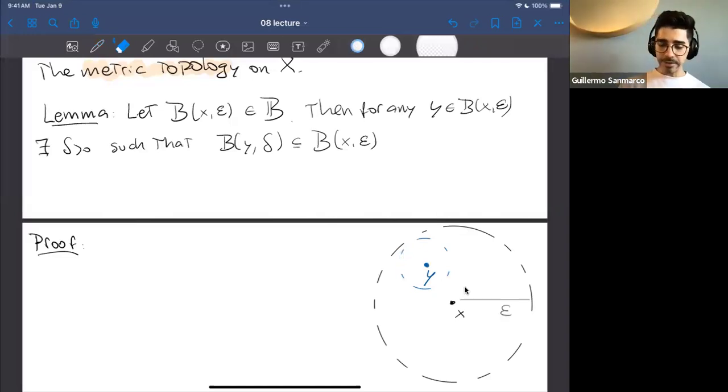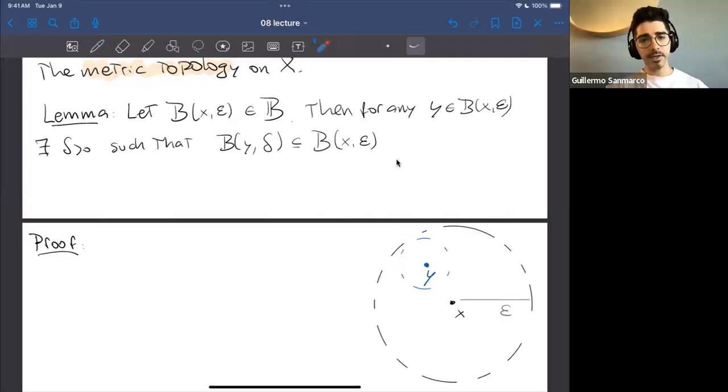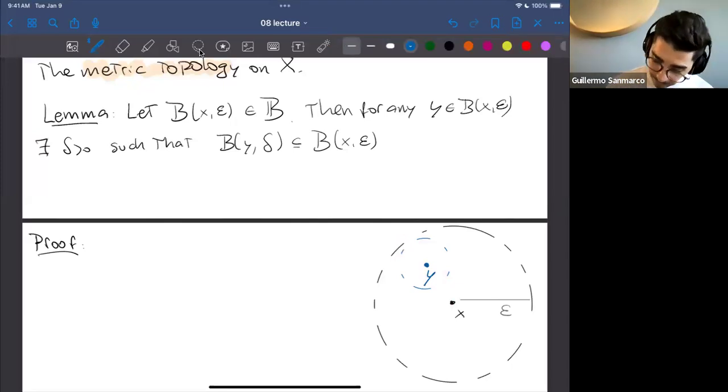And the idea here is, what's the radius that we need to take? What's this radius here? Well, to compute that radius, we know what this is. That's epsilon. We know what that is. That's the distance from x to y. So this radius should just be the difference. Let's try to write it.